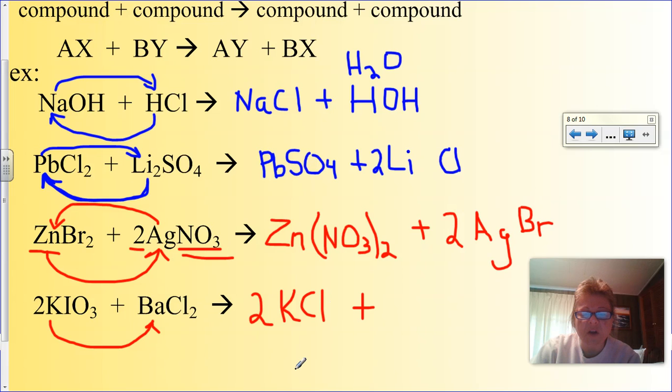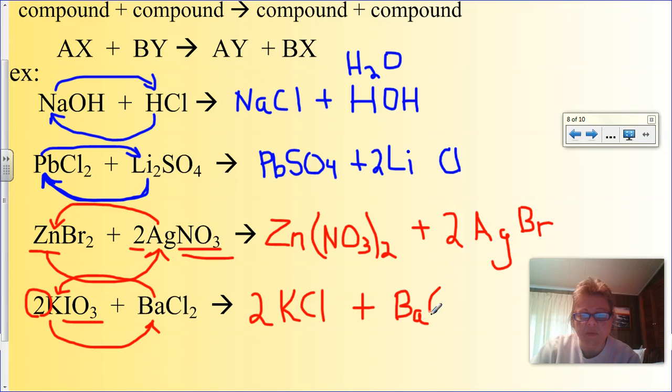What is the second compound going to be? Well, barium wants to come and sit right here with the iodate. And we only have one barium, but how many iodates do we have? Remember, this too applies to all of the elements straight through. So if we keep the iodate together as your negatively charged anion, we have 2 of them.